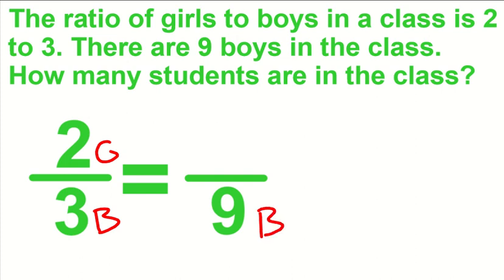If we solve this proportion right here, we do 9 times 2 divided by 3, that's going to give us 6. 6 what? 6 girls. So is the answer 6? No. All right.